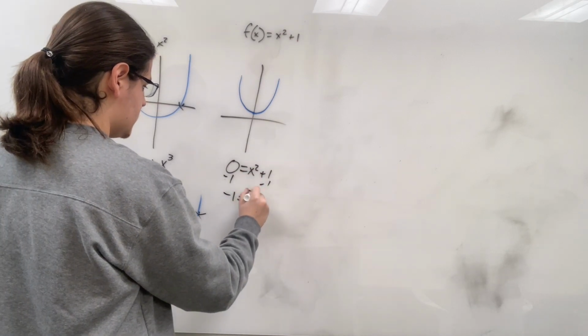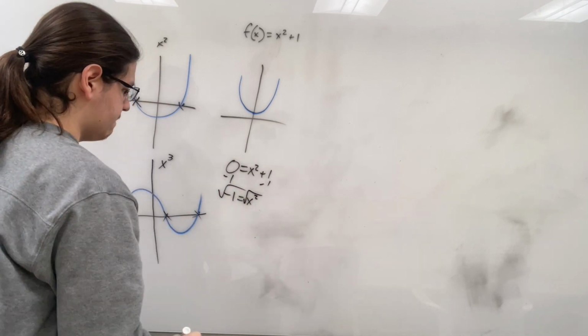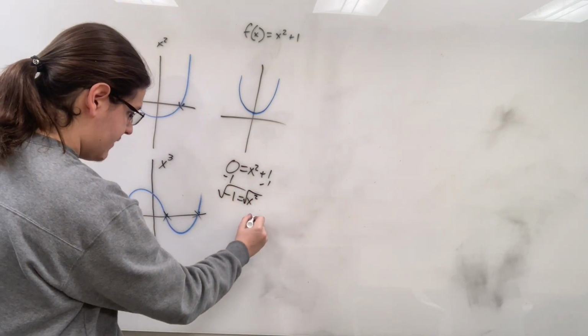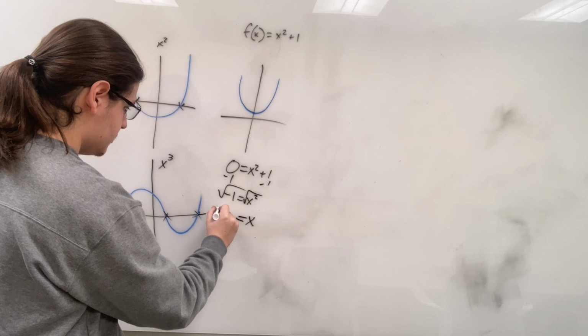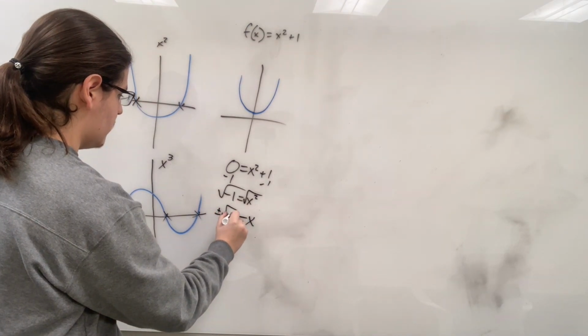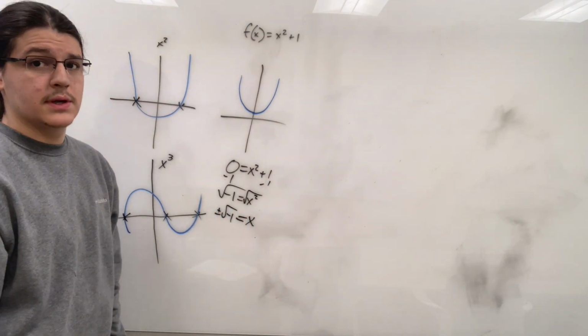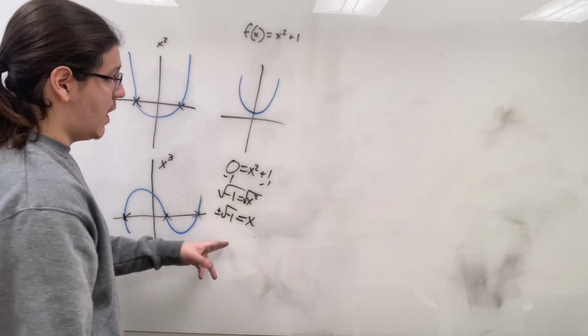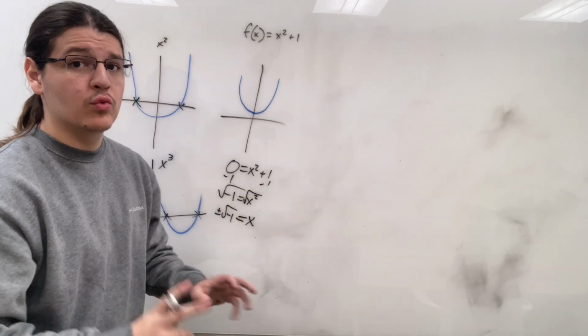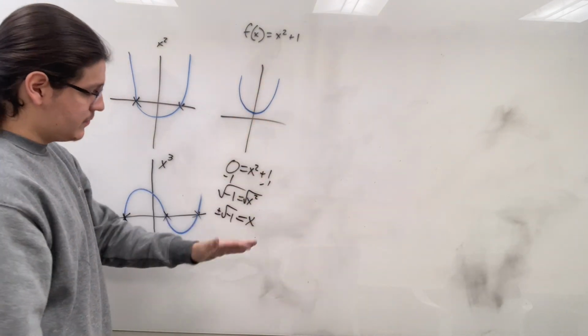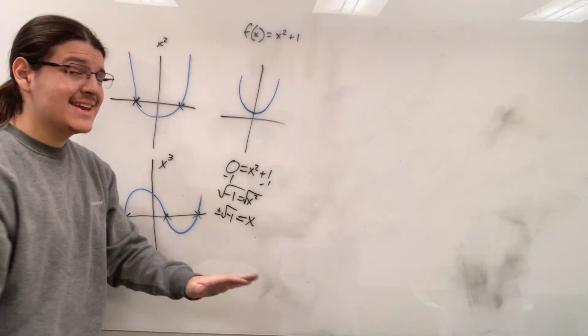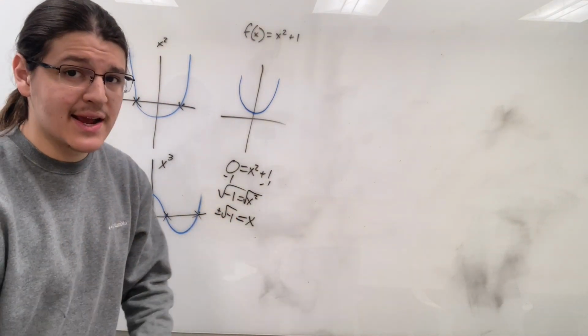And then from here, take the square root of that. And now we have x is equal to plus or minus the square root of negative 1. And now we see why there cannot be any real roots to this problem. The square root of any negative number is not a real number.